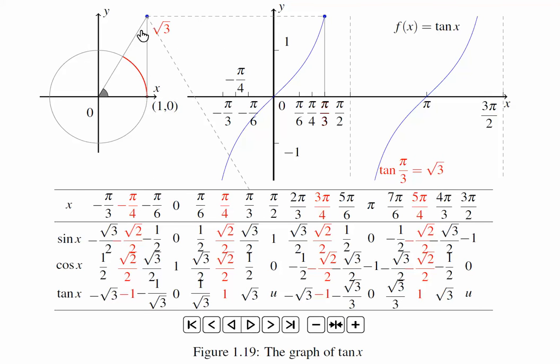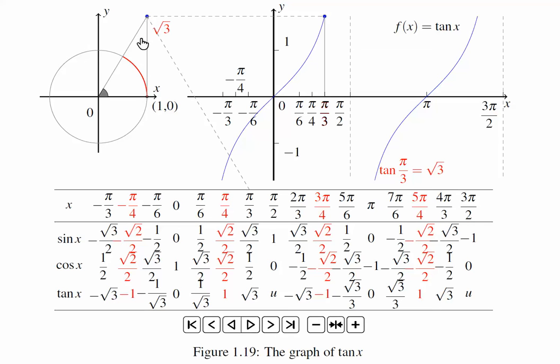Then you will have a 1 here, because that's the radius of the unit circle. Since this is 30 degrees, the opposite side is 1, then the hypotenuse will be 2.